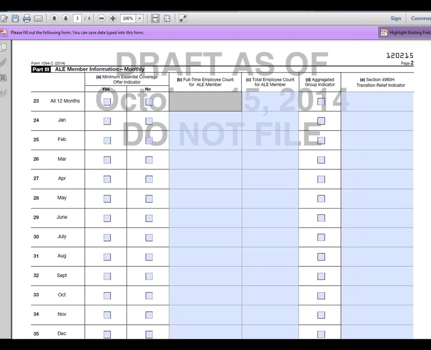Once again, that's simply if you are not required to offer in those months. So for a school district that has transition relief until October 1st of 2015, for the months leading up to 2015, you would be able to enter the code showing that you had transition relief for those months and were not subject to any penalties in those months.